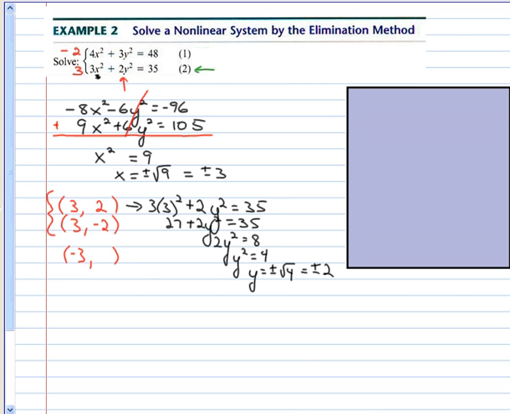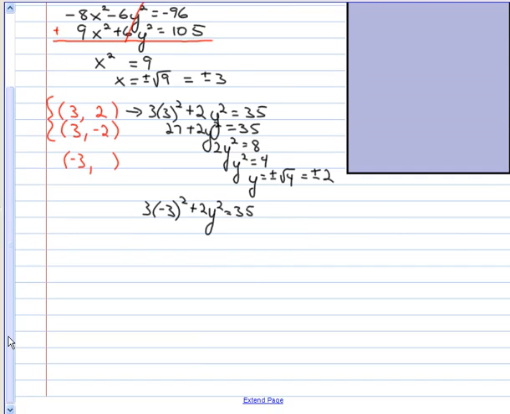When the x is a -3, I'm going to do the same equation, that second equation, 3 times a -3 squared plus 2y squared equals 35. So substituting my -3 in for x. Well, -3 squared is a 9, times 3 is 27, and this equation should look familiar. It actually ends up looking just like the other one. Subtract my 27, divide by my 2.